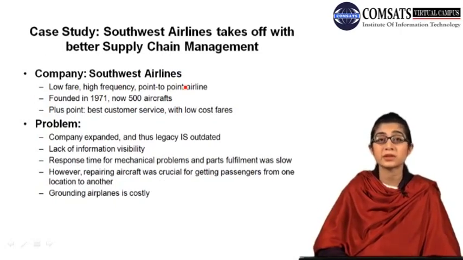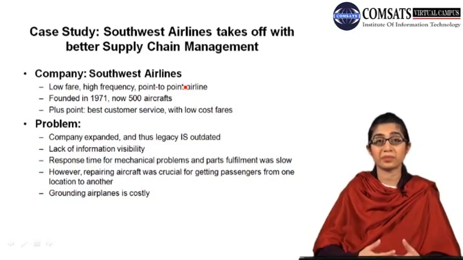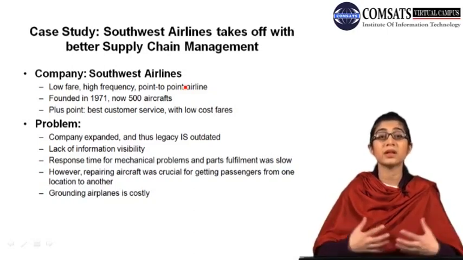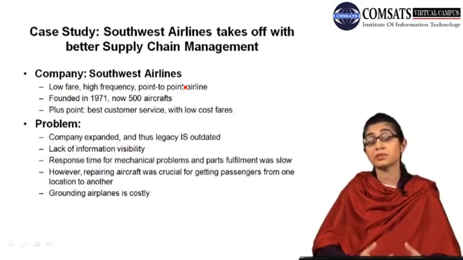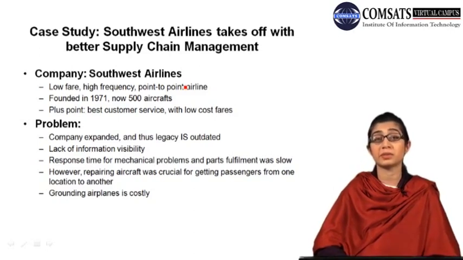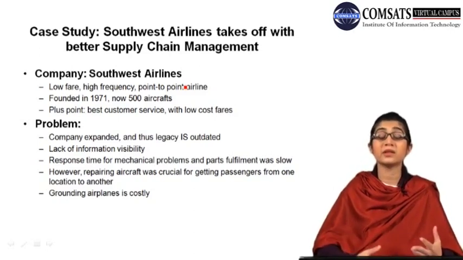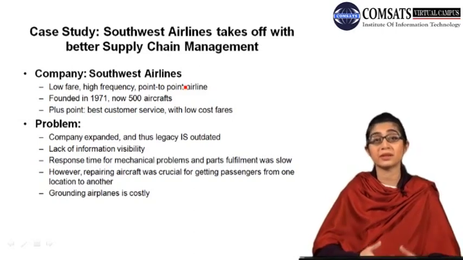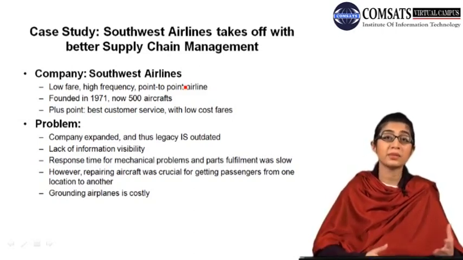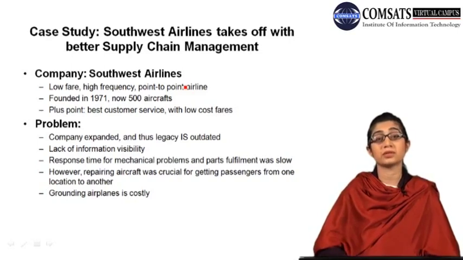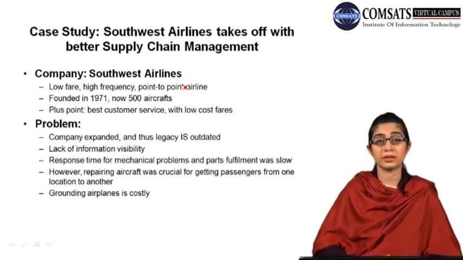Their old information system was not keeping up with the expansion and the lot of data produced by the customers or within the organization; it could not handle it. There were also more problems caused by the lack of visibility and the inefficiencies that came with it, and because of that they could not achieve their organizational goal, which was to repair the aircraft on time and move passengers from one place to another on time.